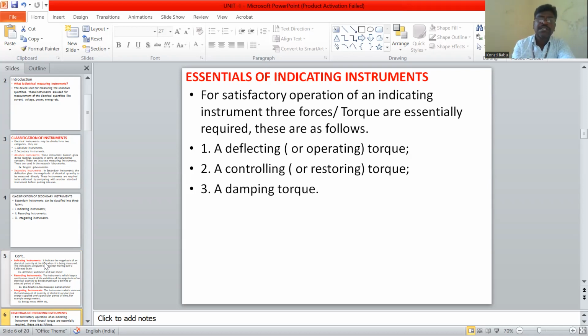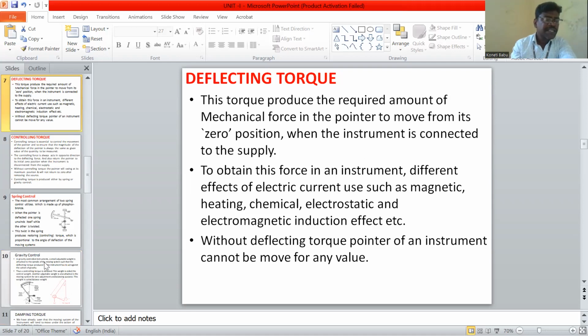Now we discuss the first one, the deflecting torque. This torque produces the required mechanical force to move the pointer from its zero position when the instrument is connected to the supply. When the instrument is supplied, current passes through the device, and in proportion to this current the pointer deflects from zero position.